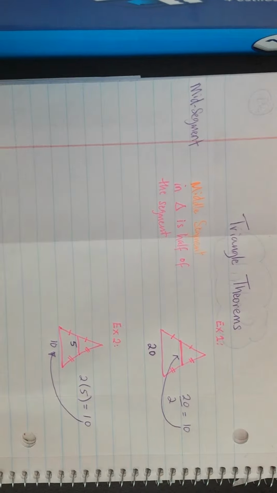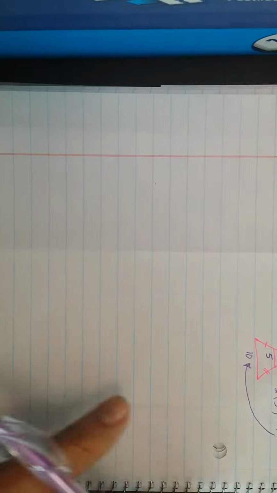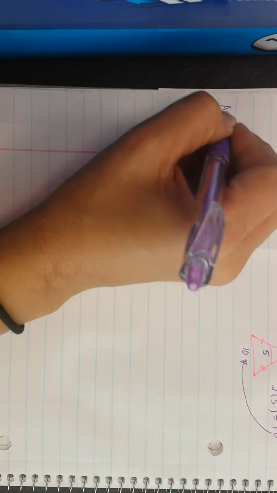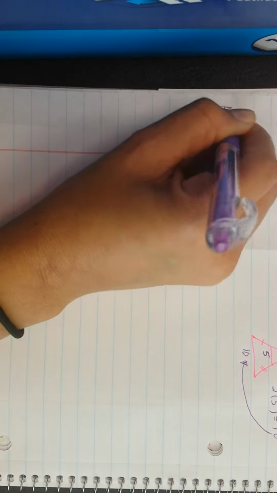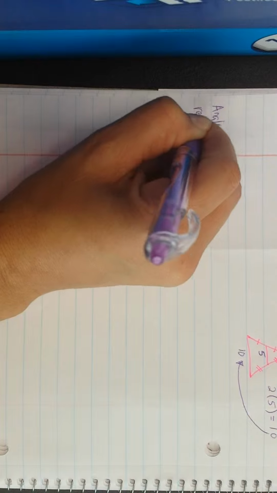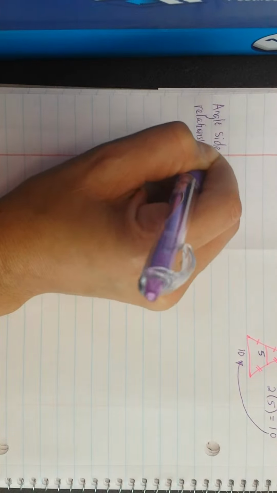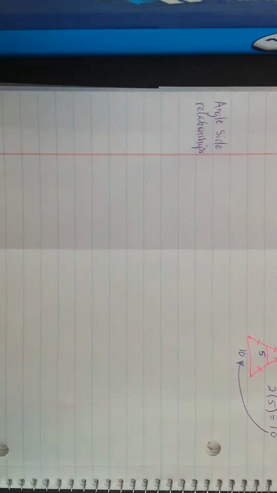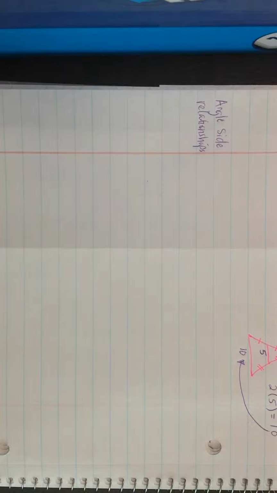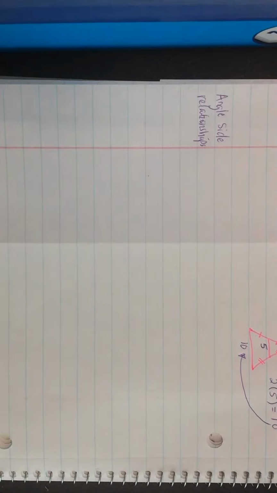Okay, next one is going to be angle side relationships. And what you need to know about this is that it is always opposite.